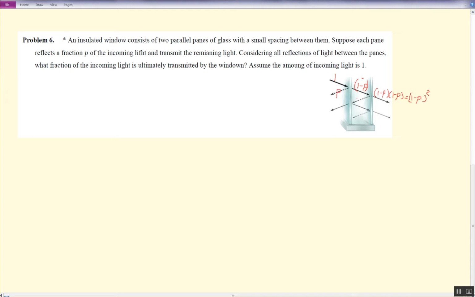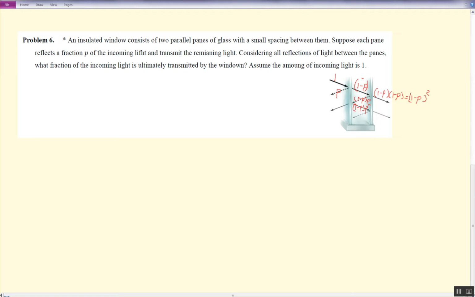And here, p of the 1 minus p will be reflected. So 1 minus p times p will be this dotted line amount. And again, this is also reflected from the previous reflection. So it's 1 minus p times p, and p of those.